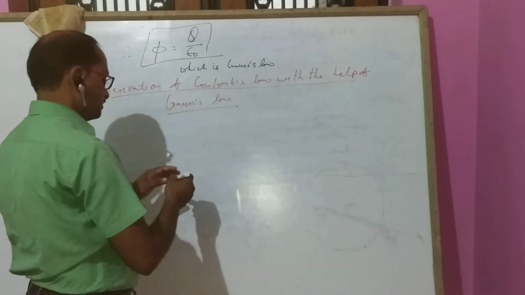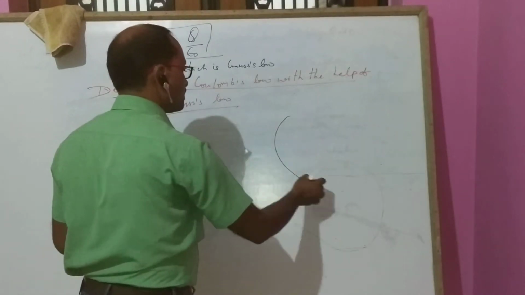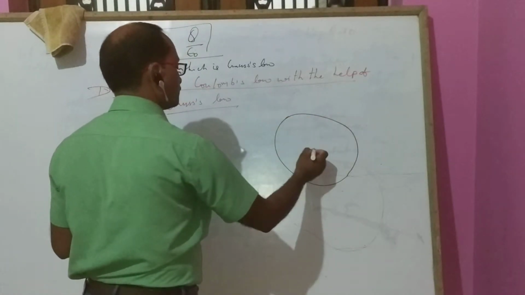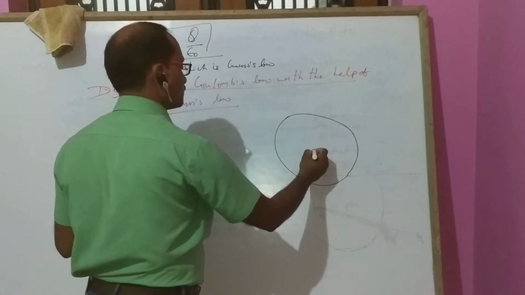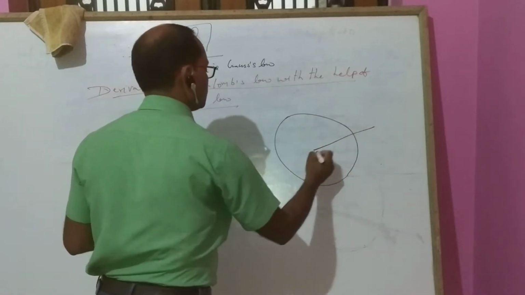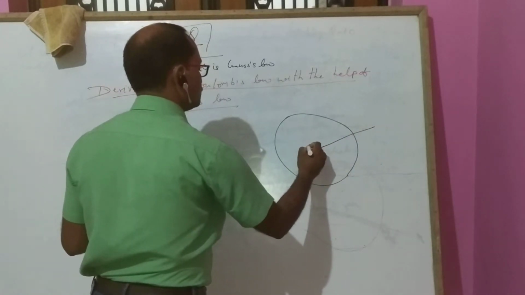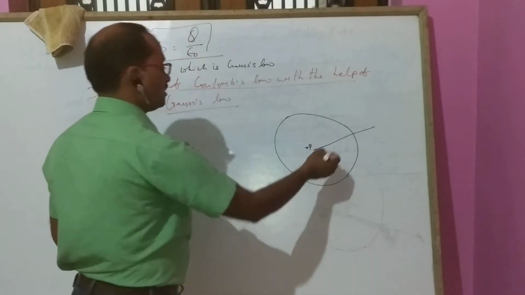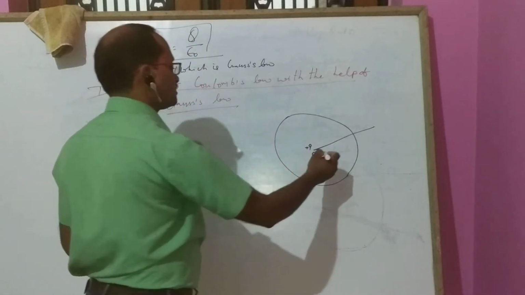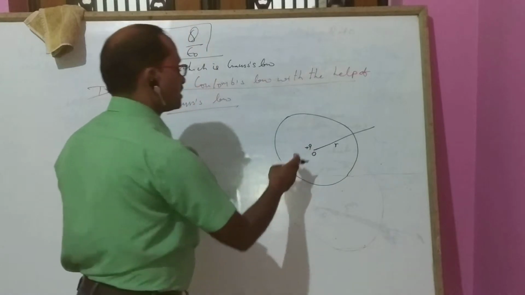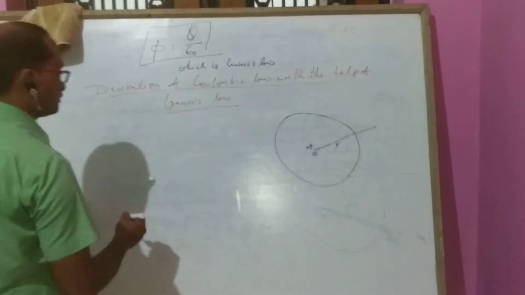Let us consider a sphere of radius r with a charge plus q at its center. This is a sphere of radius r which encloses a charge plus q at its center.